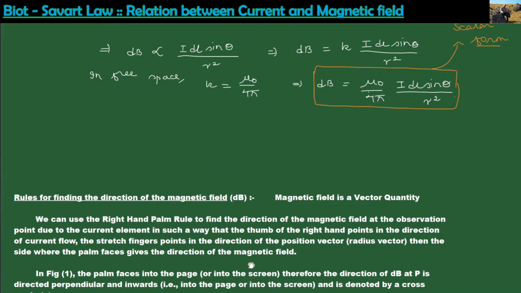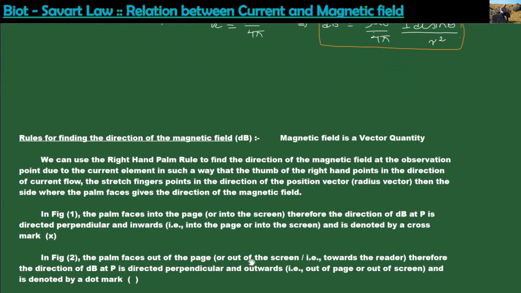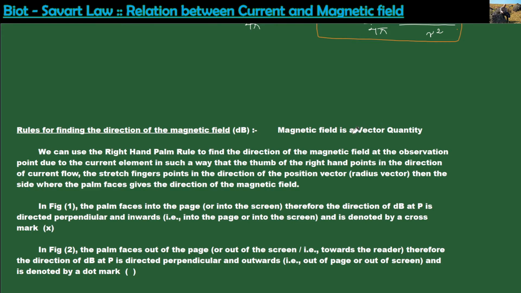The rules for finding the direction of dB: since the magnetic field is a vector quantity, we use the right hand palm rule to find the direction of the magnetic field at the observation point. The thumb of the right hand points in the direction of current flow, the outstretched fingers point in the direction of the position vector or radius vector, and the direction the palm faces gives the direction of the magnetic field.